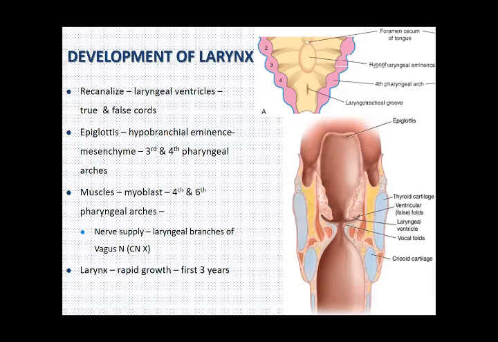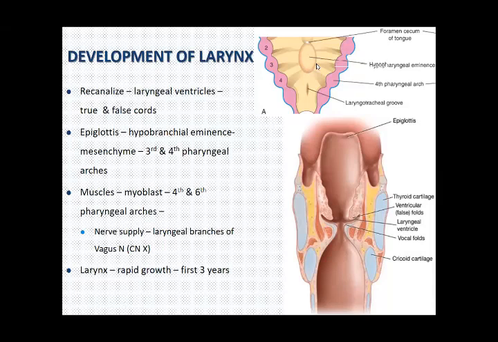Now this is the epiglottis, the largest cartilage of the larynx. You can see the epiglottis hanging at the back of your mouth. This epiglottis develops from the hypobranchial eminence.